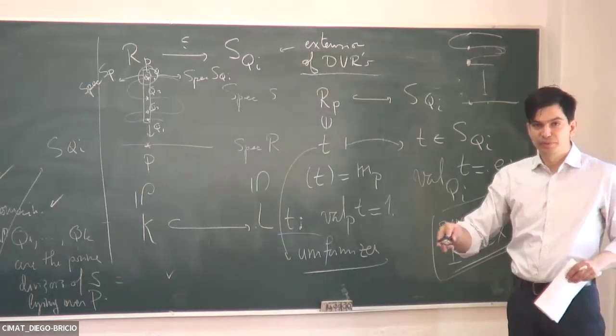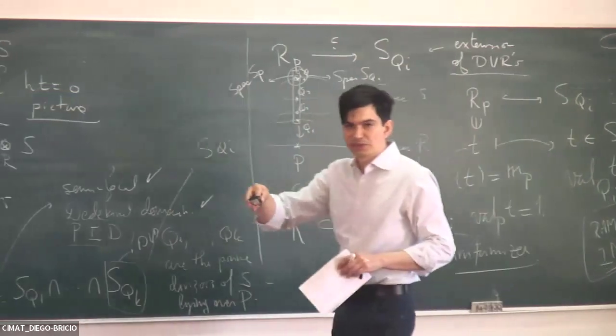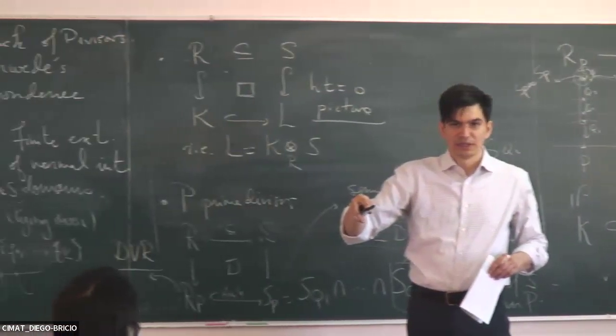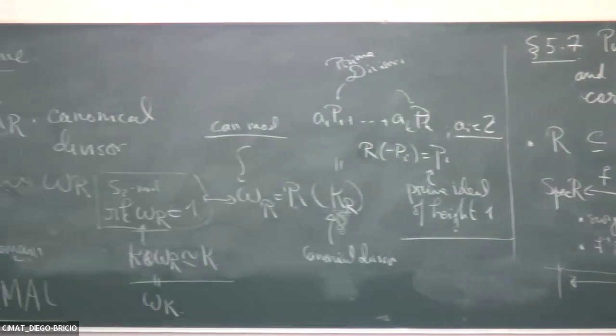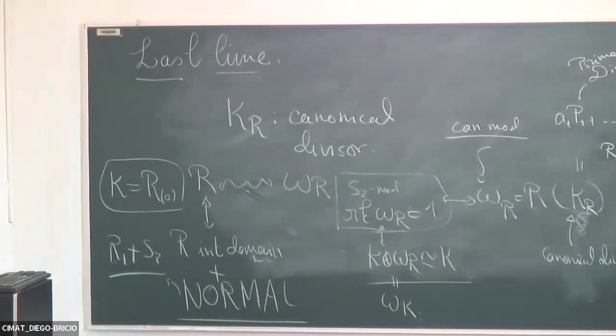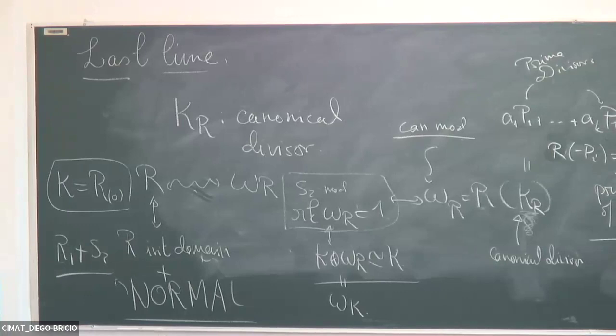And that's all I need you to remember. So, any questions so far with this? For example, you will see that the extension is unramified if the ramification index is 1. Because what that means is that a uniformizer of here becomes a uniformizer of this one. And so on.